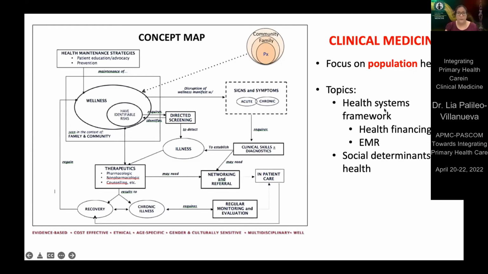Through our course, we touch on the health systems framework, which includes the various building blocks of the health system. We have activities on health financing. It is important for our students to understand how our patients are able to pay for the costs of healthcare. They need to understand the importance of information systems, so we have some modules on electronic medical records, as well as the social determinants of health.